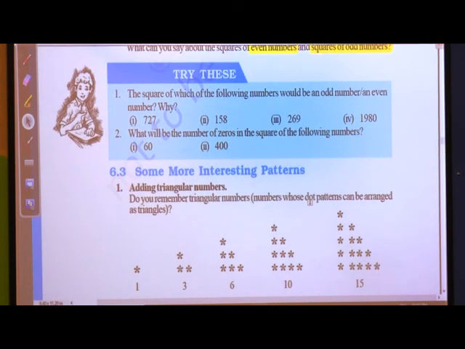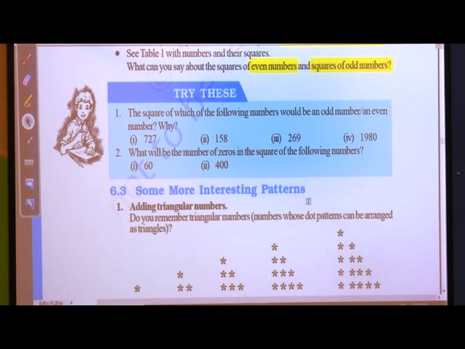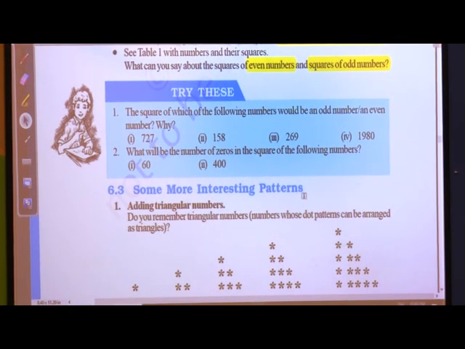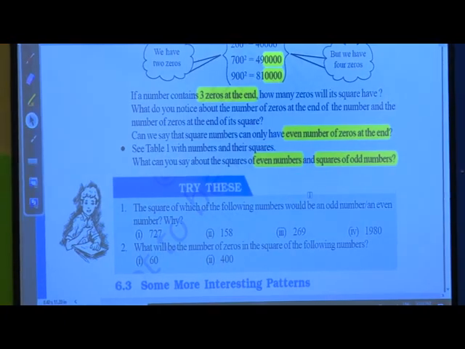In the next part we are going to study some more interesting patterns. So in this session we have studied squares, and that squares are ending with which digits if they are perfect squares, and if they are ending with other digits, they are not perfect squares.